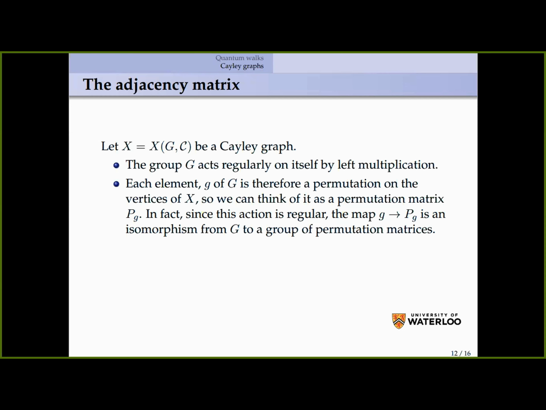Let's take all the elements of our connection set and then look at the permutation matrices corresponding to those elements of the group. We add them all together and we get the adjacency matrix of the graph.